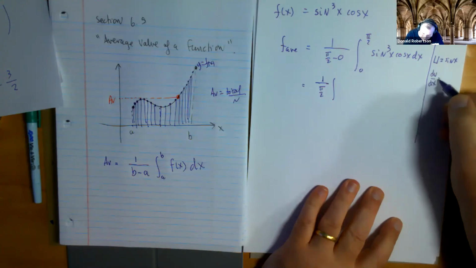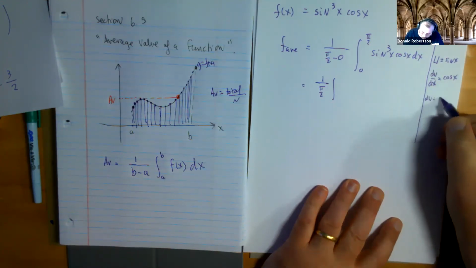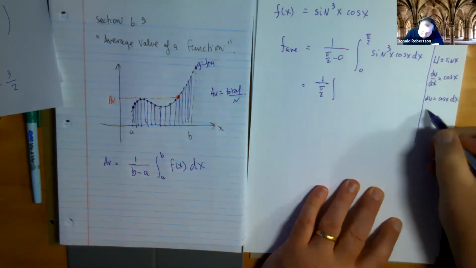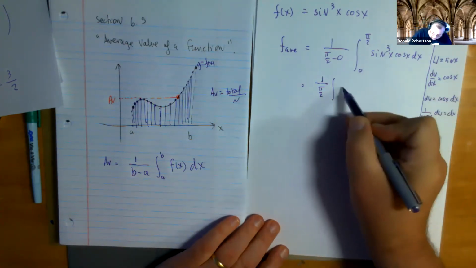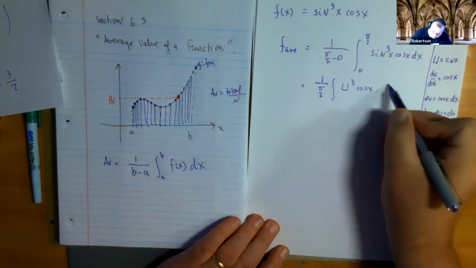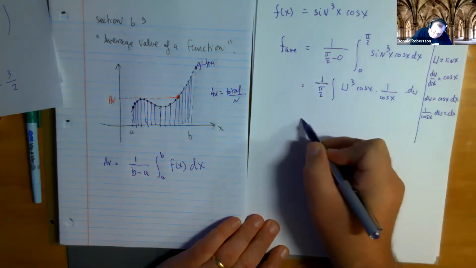So differentiate a sine gets your cosine. Swing it back round and isolate. So sine cubed becomes u cubed. Cosine x, 1 over cosine x du.